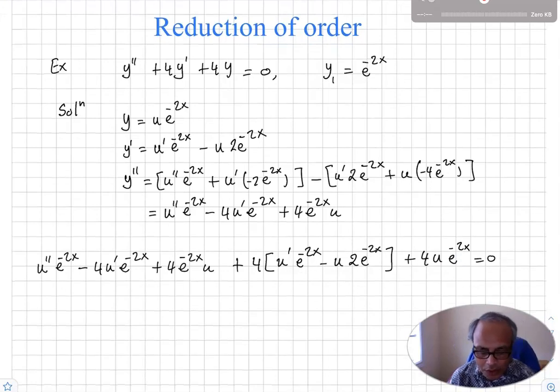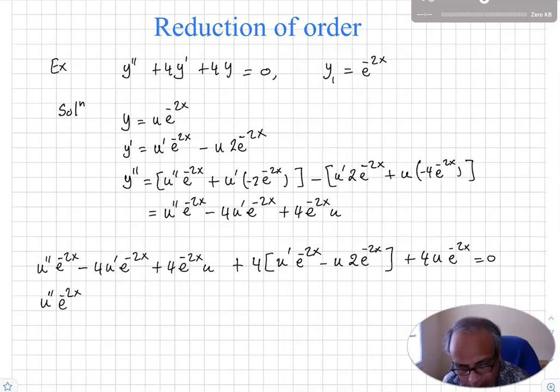So now we are going to simplify this, and as a method of reduction of order, we expect that in this equation we will have only a second derivative term with u, which is u double prime e to the power minus 2x, and then we expect maybe there will be no u term, but there will be a first derivative term. There may not be, but there could be a first derivative term.